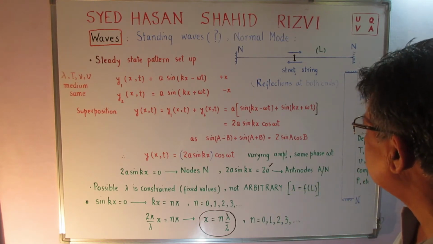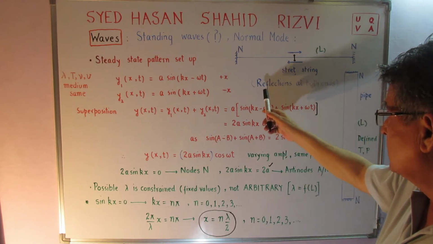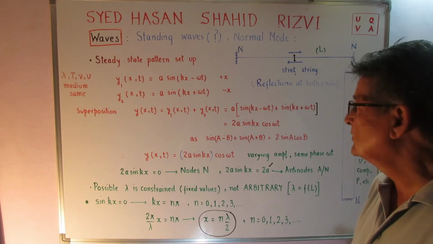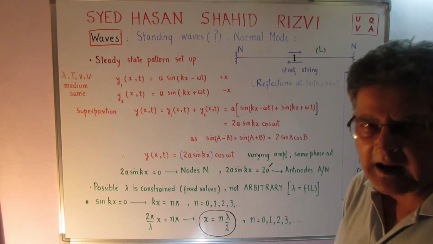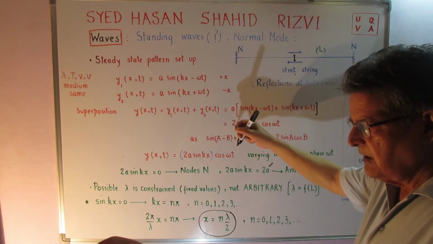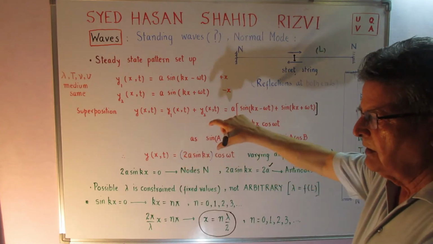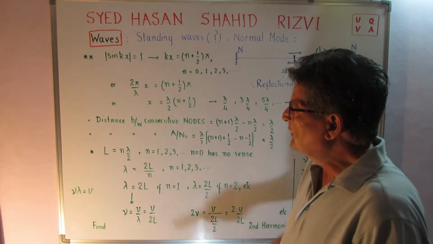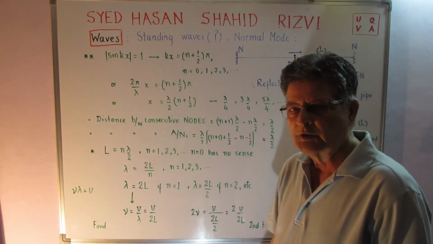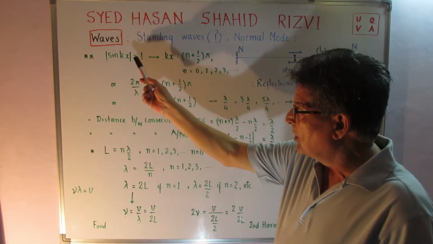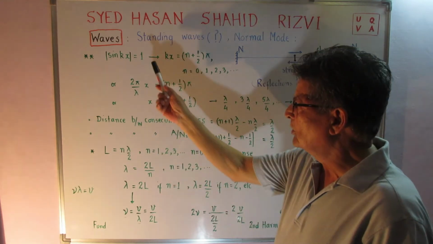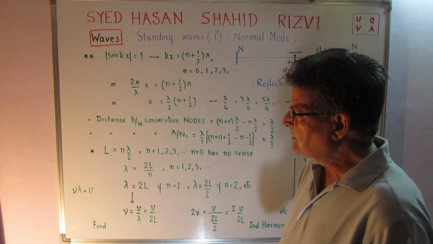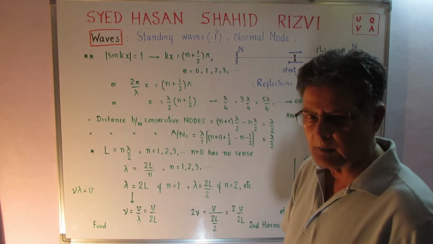Similarly, in this case we can say, of course you have to understand that the deflections are at both ends of the string, or in the case of a pipe which is closed. So for the other situation, mod of sine of kx is equal to 1, because sine of kx can take maximum values, as plus and minus 1.